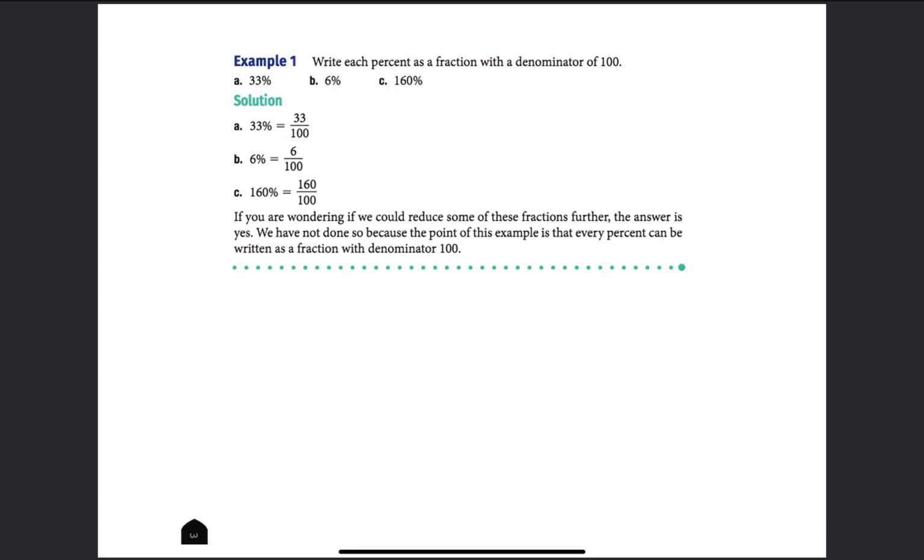This first example, write each percent as a fraction with the denominator of 100. So 33% literally means 33 out of 100. 6% means 6 out of 100.